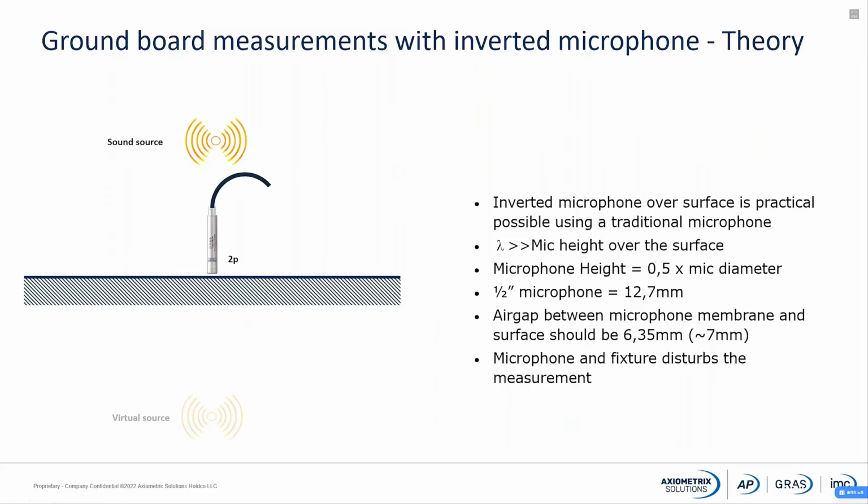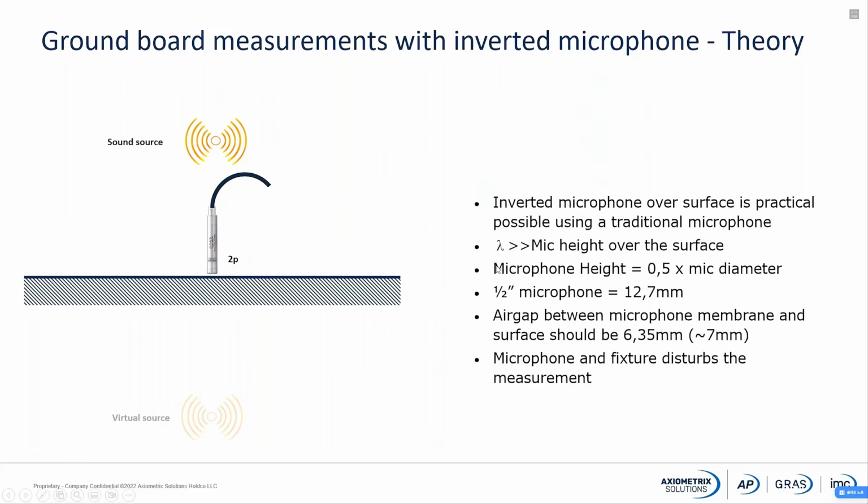So they said, why not place it on top instead? Because the sound pressure in this point is equal regardless of what direction the microphone is pointing. So they said, okay, let's try to put it on top instead and see whether we can adjust the air gap so it is measuring exactly the same as it was a flush installation from the backside.